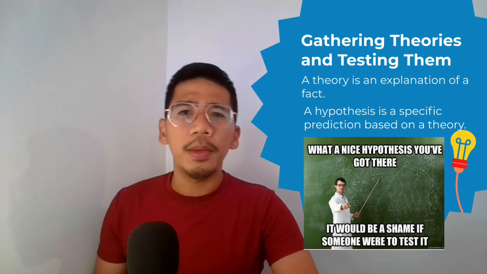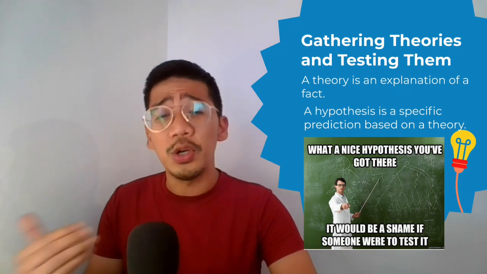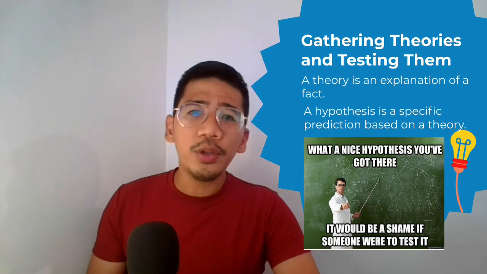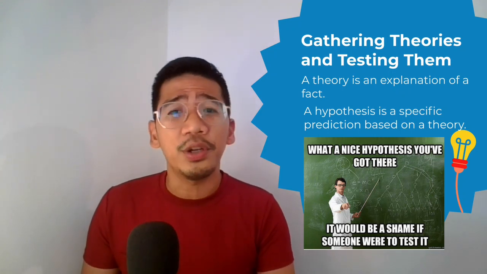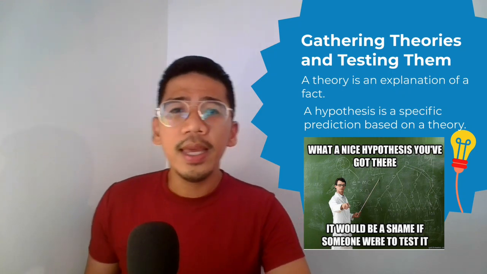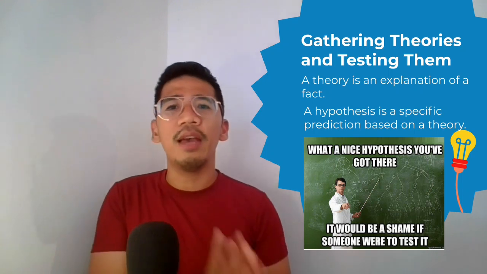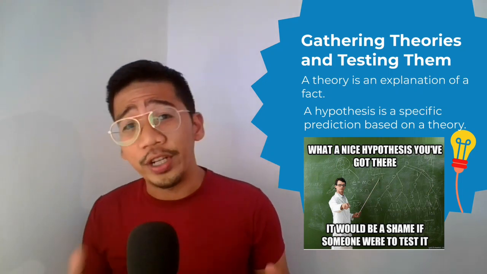A prediction from a theory like this one is known as a hypothesis. We could test this hypothesis by getting a team of clinical psychologists to interview each person at the Big Brother audition and diagnose them as having narcissistic personality or not.